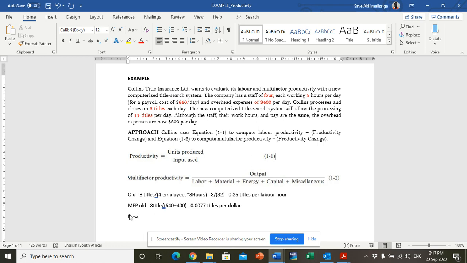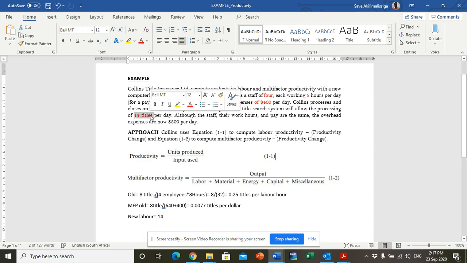So the new system labor productivity is going to be, we follow the same procedure as we did when we were calculating single factor productivity for the old system. Here you must look at the number of units produced. How many titles were produced per day here? We have 14 titles, as mentioned in the statement, right?